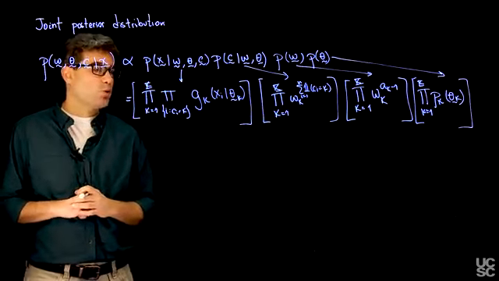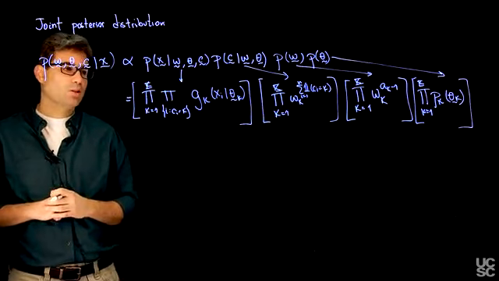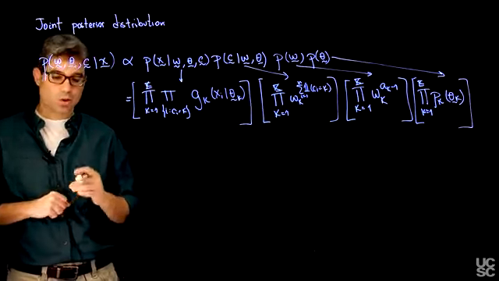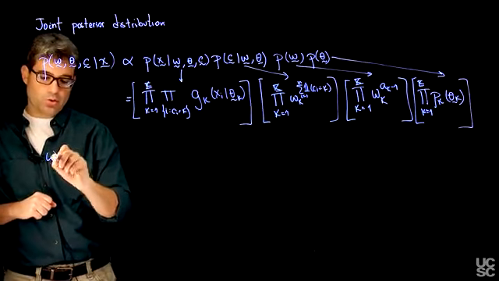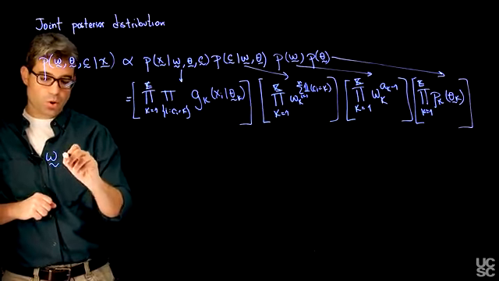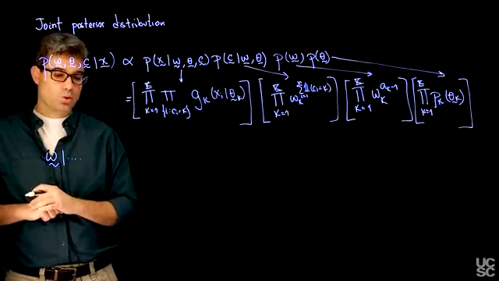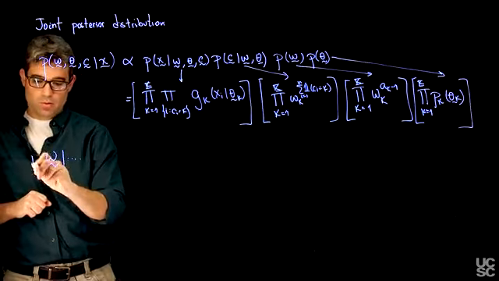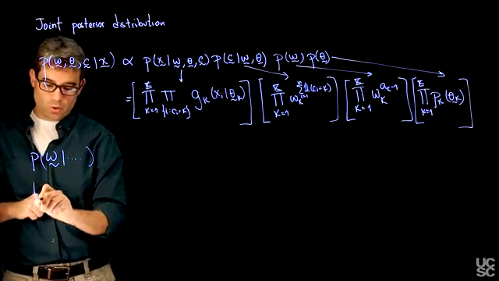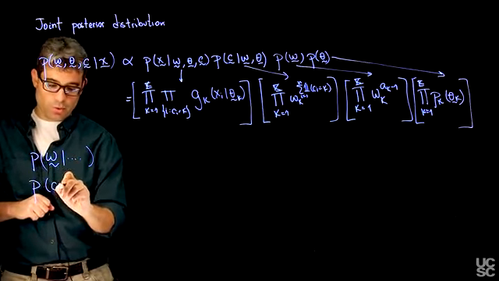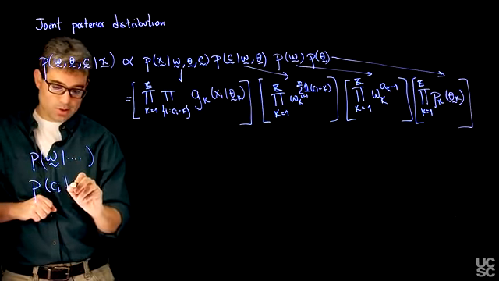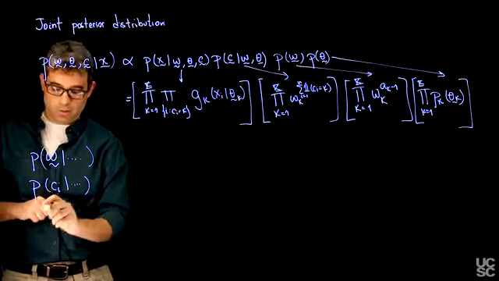So we have written down a full expression for this. Now, it should be more or less clear how we need to proceed. We need full conditionals for all the parameters in the model. In particular, we are going to need a full conditional for omega given all the other parameters. We're going to need a full conditional for each one of the C sub i's given the rest of the parameters.